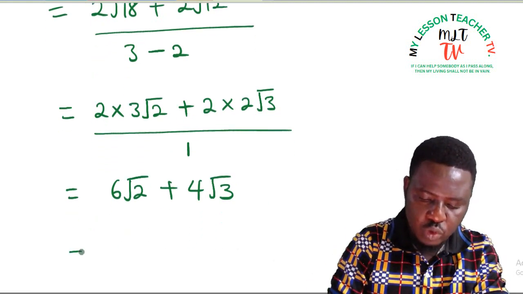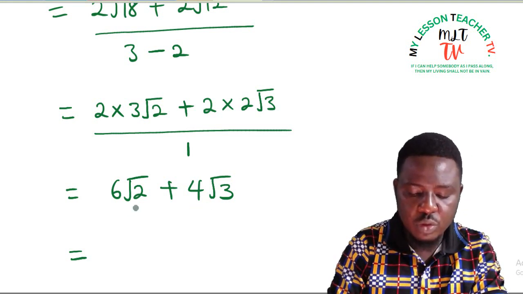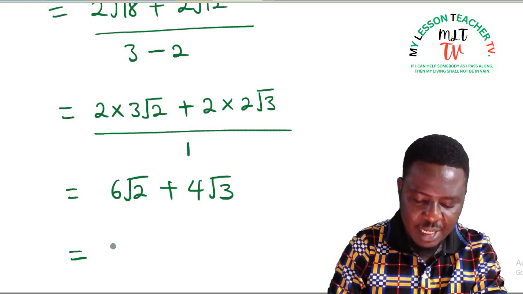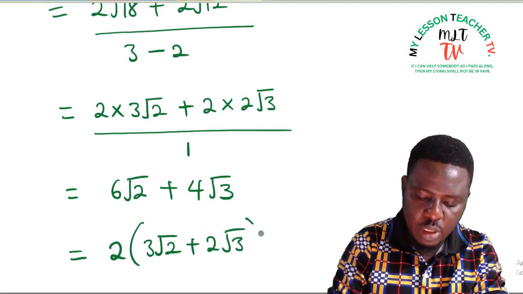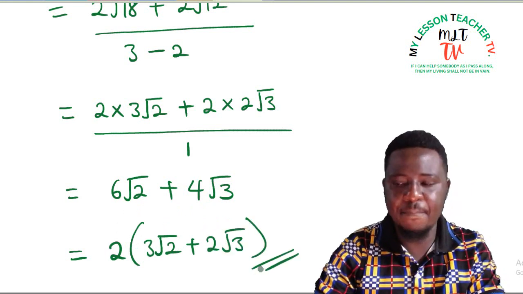And this is equal to, I can factorize out 2, or you leave it in this form. For factorizing out 2, we have 2 into bracket 3 root 2 plus 2 root 3 as your answer.